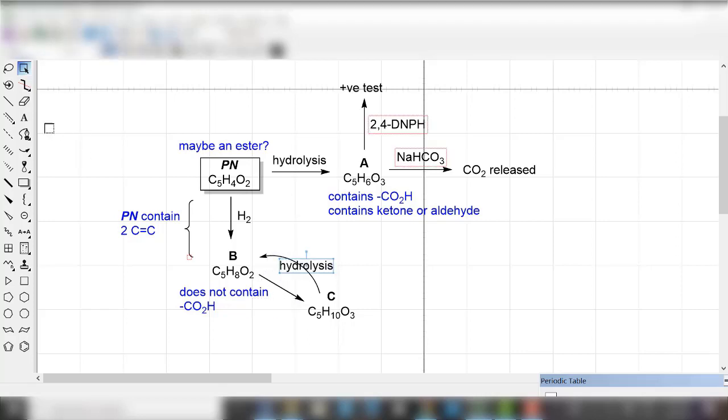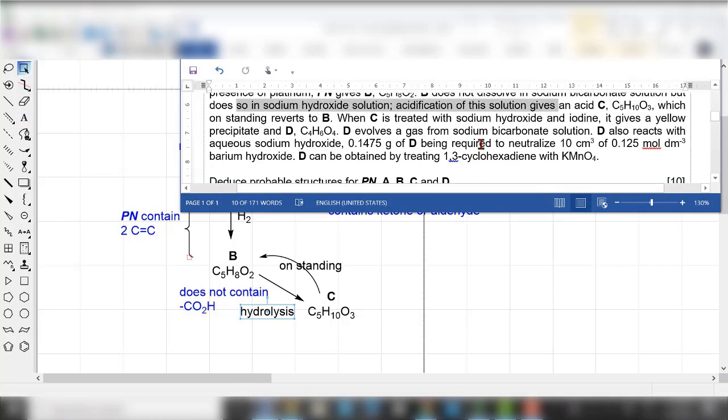I put here: on standing. On standing reverts back means that it's... sorry, not self-hydrolyzed. It undergoes some form of a condensation reaction.